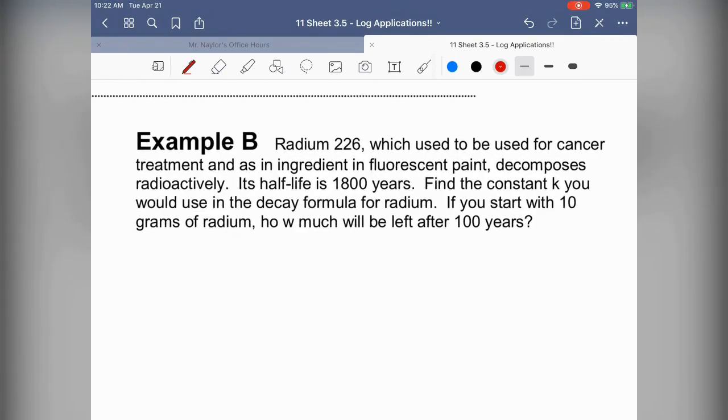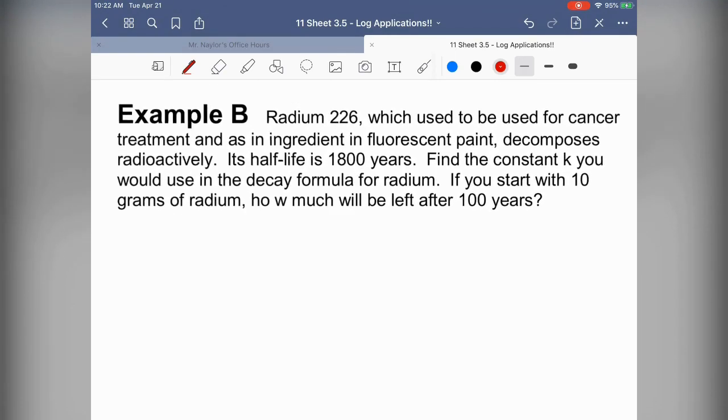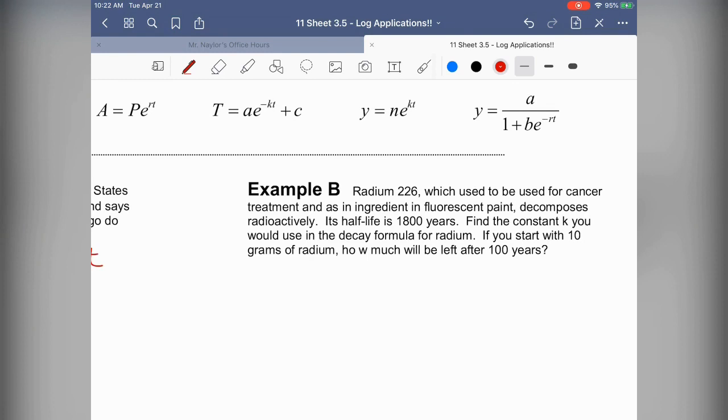It looks like what we have here is radium, which was used for cancer treatment, and in paint, it decomposes radioactively, and its half-life is 1,800 years. Now, we're going to use this example to help explain the idea of continuous change.